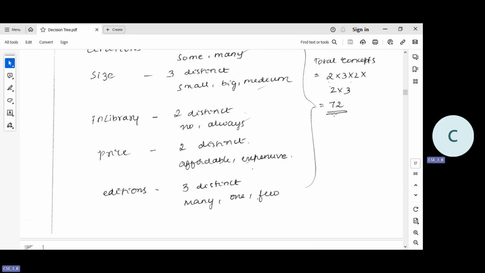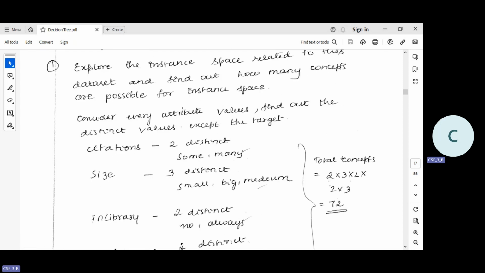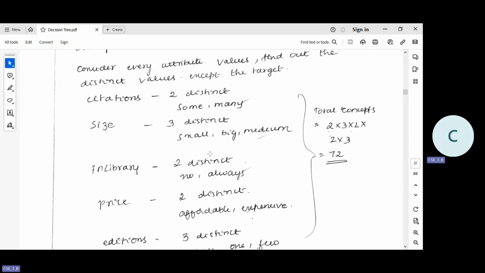So altogether there are 72 possible concepts in this instance space.